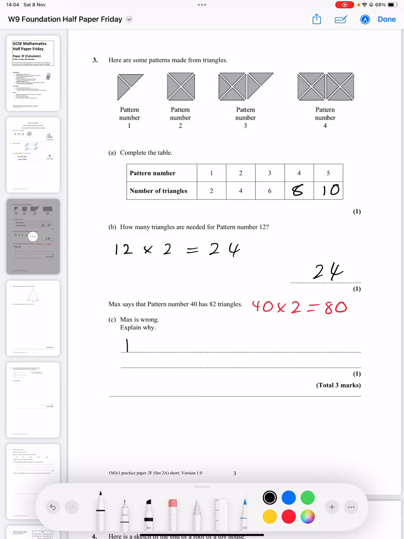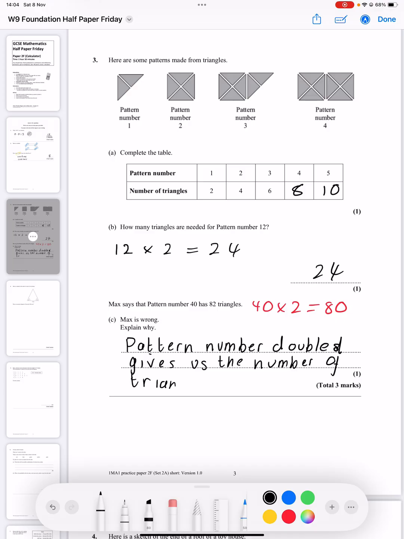Max is wrong because the pattern number doubled gives us the number of triangles. And that's done.